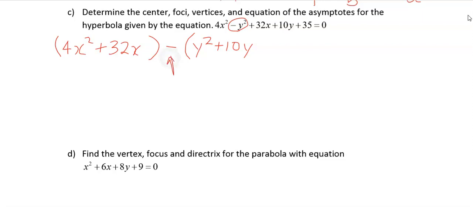Right? So if you were to distribute that negative sign throughout the brackets, you'd end up with minus y squared, which is okay. That's what you were supposed to get. But you'd also end up with minus 10y, right? That's not what we have in the equation. We actually have plus 10y. So in the case of a hyperbola, for the second set of brackets, because it's always going to end up with a minus sign in front, there's something else you need to remember to do.